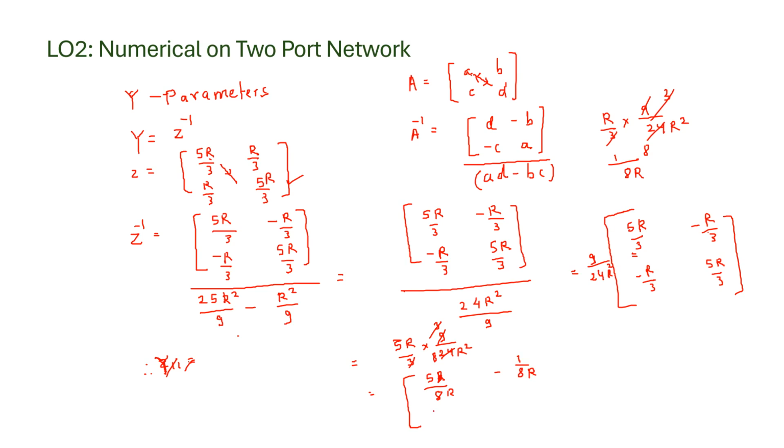Here also you will have minus 1 by 8R, and here the same value, 5 by 8R. So this will be your Y parameter matrix.